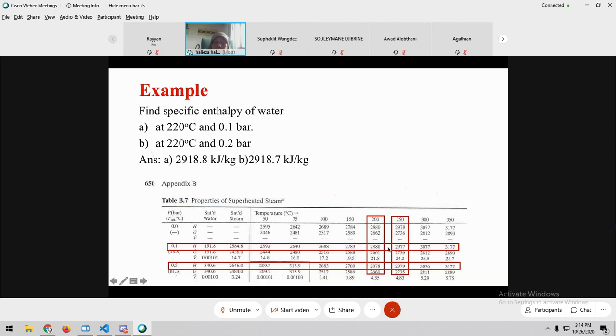So right now, look at my cursor, please. This is 220, for example. So now, at a pressure of 0.2, somewhere here, what is the pressure? Okay, let me scribble something.